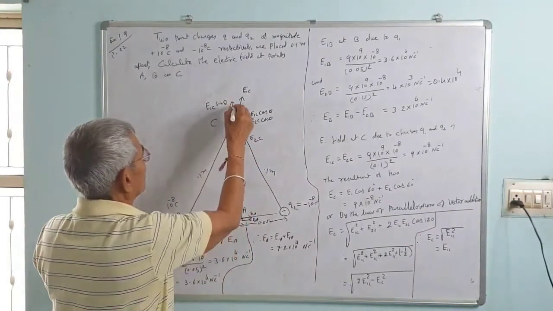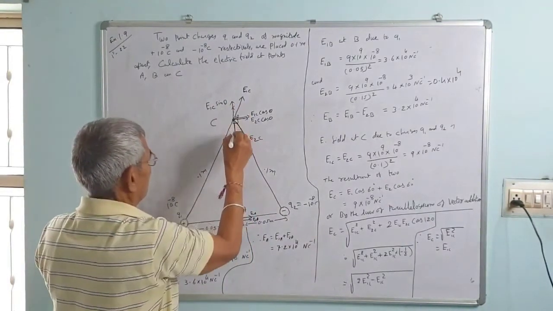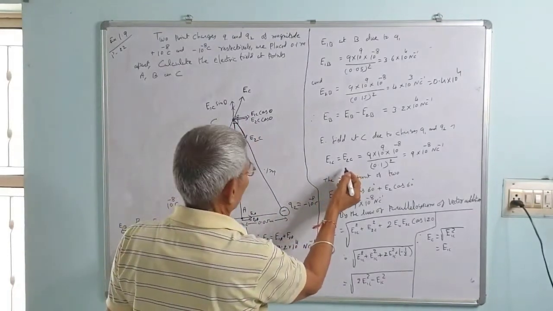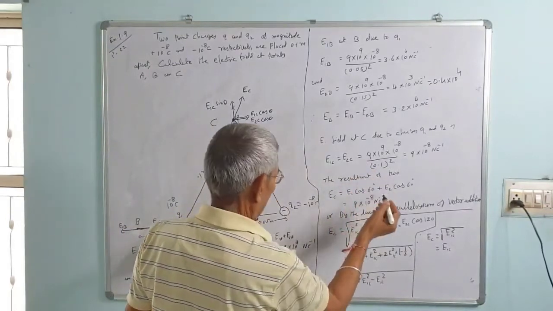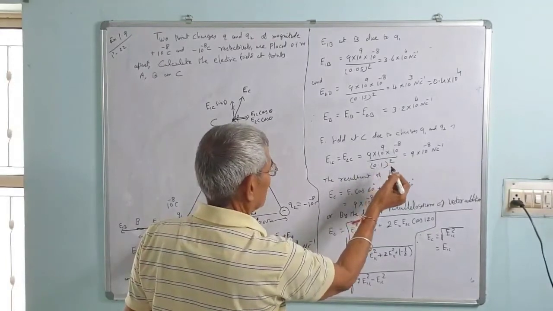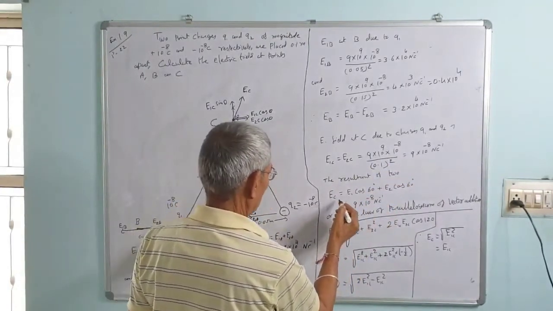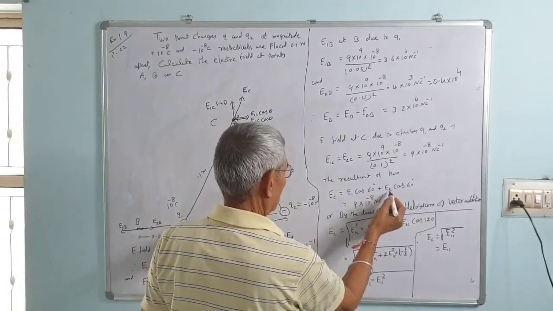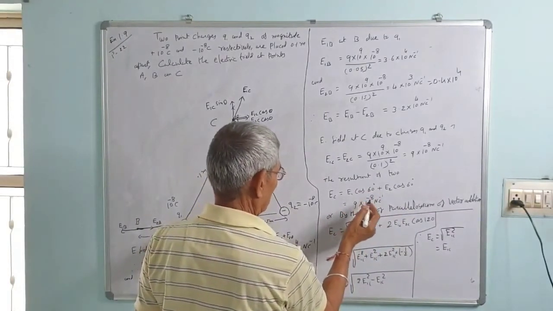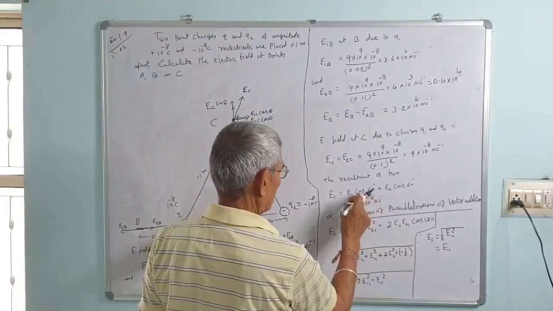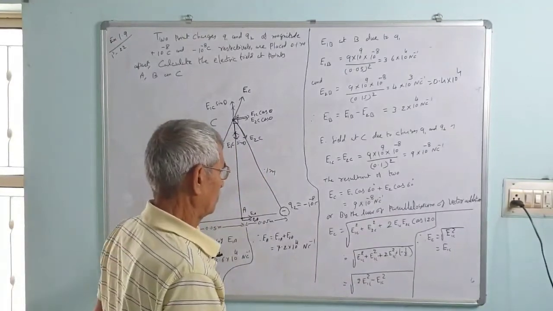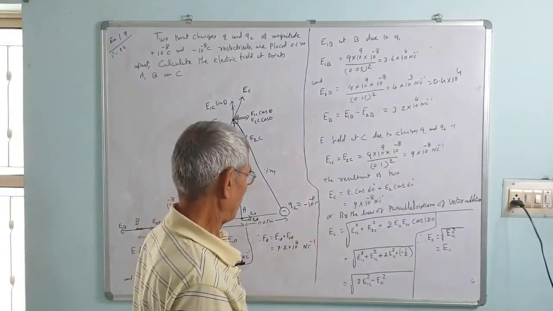These are equal in magnitude and opposite in direction, so they will cancel. So only the cos theta components are to be calculated. E1C and E2C are equal to 9 times 10 to the power 9 times this. The resultant is E1 cos 60 plus E2 cos 60, that is 9 times 10 raised to power minus 8 times, cos 60 is half, and this is also half. So that will make a total of 1.